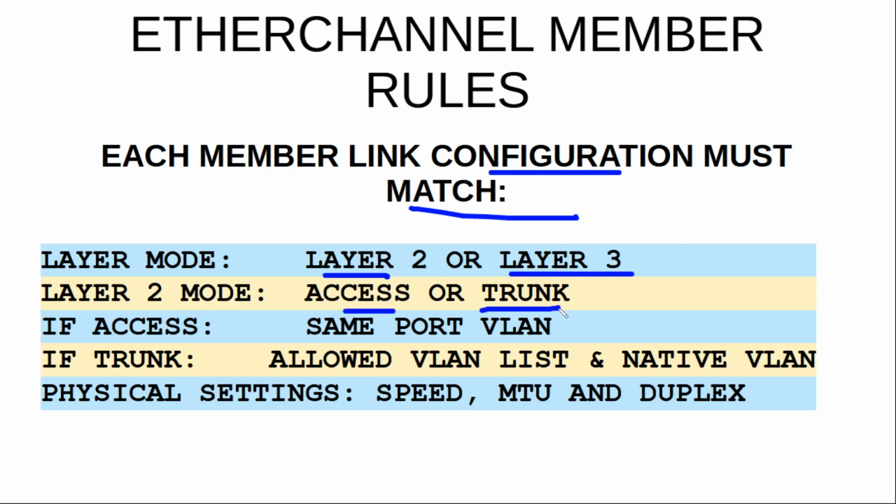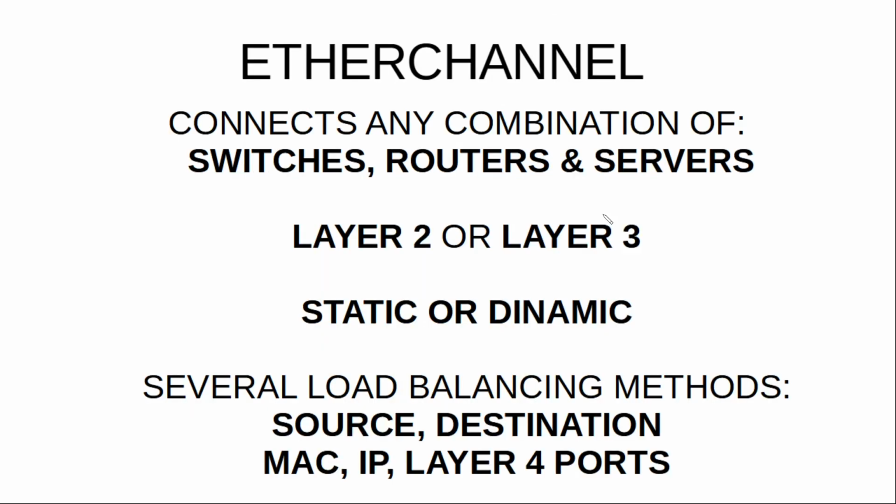You cannot combine some interfaces that are operating in trunk mode with some other interfaces that are operating in access mode to create one EtherChannel. They all must be operating in the same mode, and if they are operating in access mode, they must have the same VLAN, and if they are operating in trunk mode, they should have the same allowed VLAN list and the same native VLAN. Now, regardless of any mode, they must match in the speed, MTU, and duplex settings. So make sure that your interfaces have a matching configuration, otherwise they will not become part of an EtherChannel.